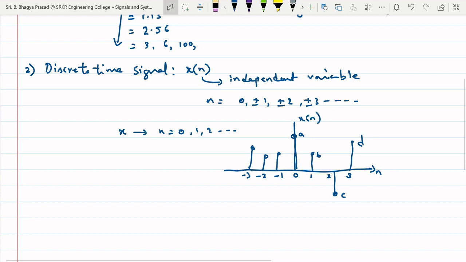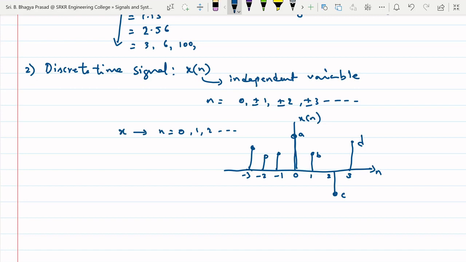Okay, not at each and every instant, but at discrete values, at particular values of n. Okay, and as the t in continuous time, this n is only 0, 1, 2, 3 as positive and negative.